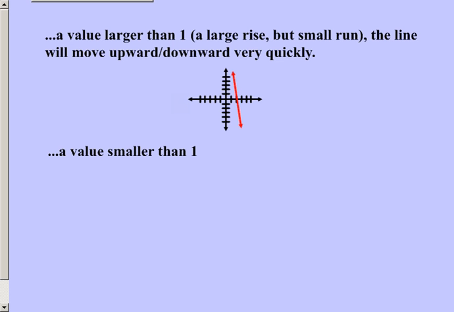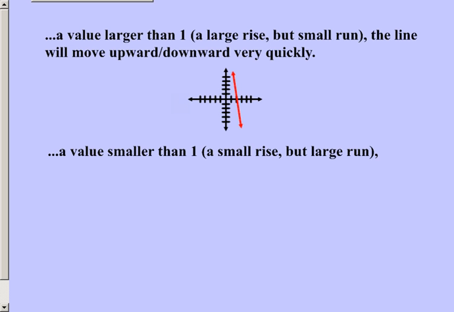Looking at the converse of that situation, perhaps we have a slope value that is smaller than 1. Now that will happen when your numerator is smaller than your denominator, like 1/2, 2/3, 3/6, 4/10, stuff like that.